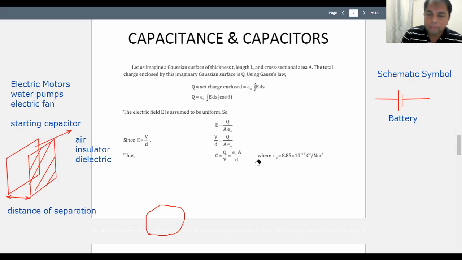So that's the value of epsilon times the area divided by the distance of separation. Then you could have your value of the capacitance. That is another way of finding the value of our capacitance.